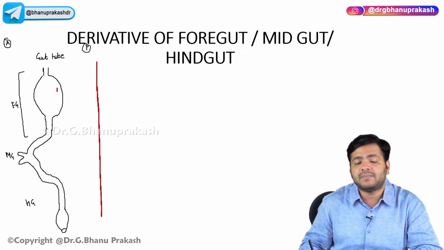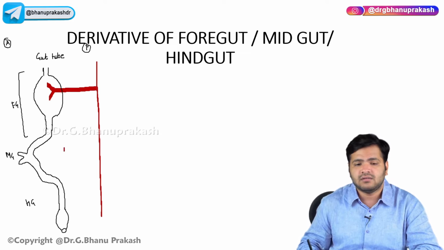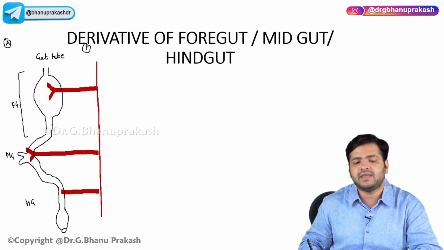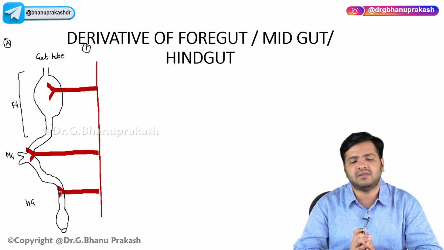The artery which is supplying the foregut is called the celiac trunk. The artery supplying the midgut is the superior mesenteric artery, and the artery supplying the hindgut is the inferior mesenteric artery.